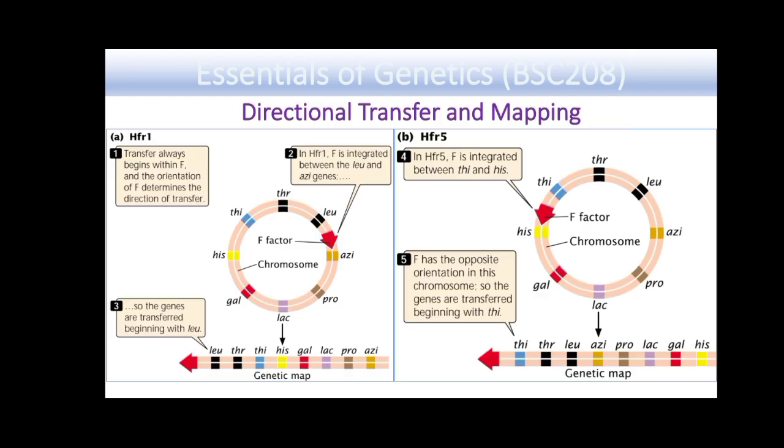So directional transfer we can easily see in this figure, because there are different cells which are used when we are plating different cells after the interrupted conjugation. So different genes are present first, and different genes are present after more time.